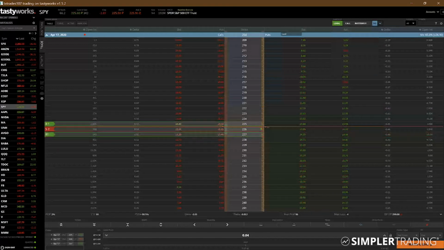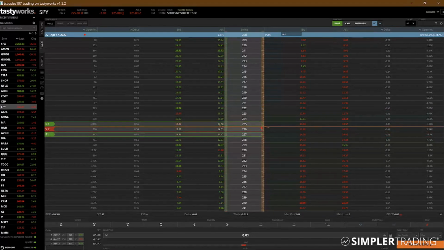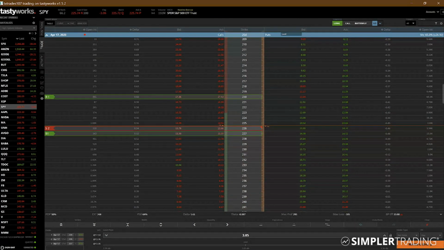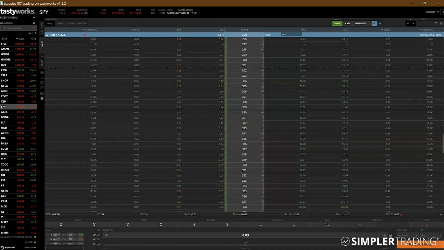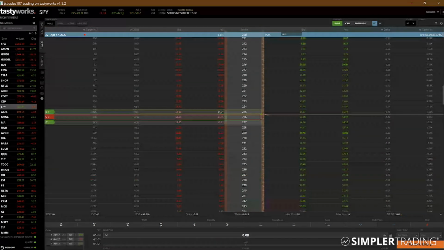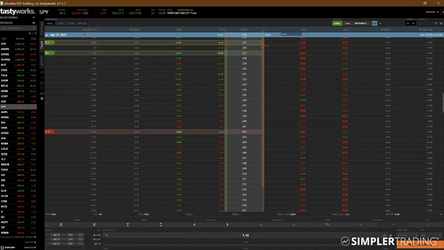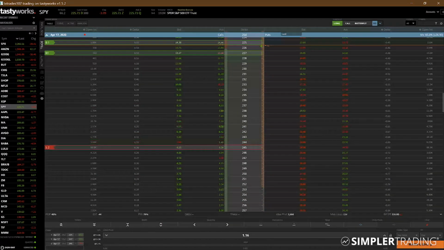would be something like the long call butterfly. So let's go ahead and set something up like that. In that instance, let's just do it at the money. We'll buy the 225. I'm just going to choose a random one here.